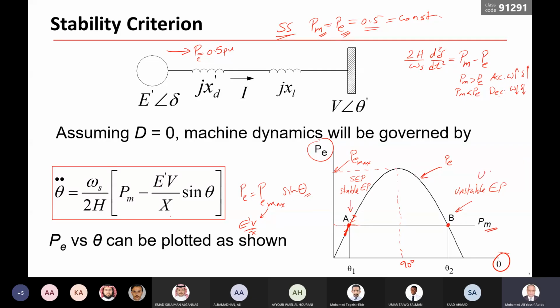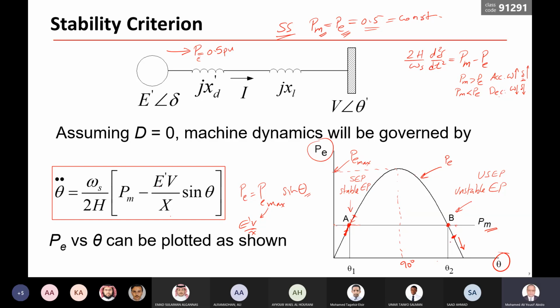This is the unstable equilibrium point. Why? Assume that the electrical power decreases. We are here. What will happen? P mechanical is now greater than P electrical. So the delta will increase. So we will not go back to B, but we will go in this direction of delta increase.